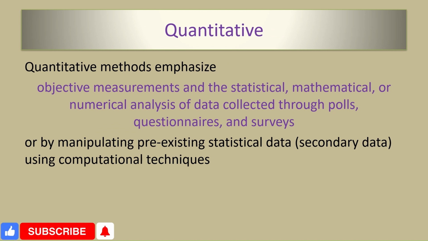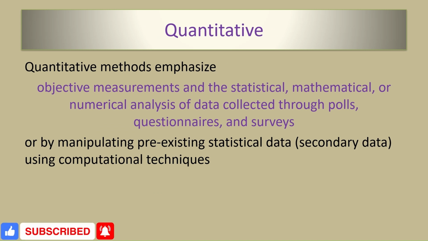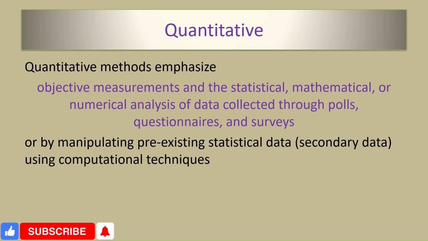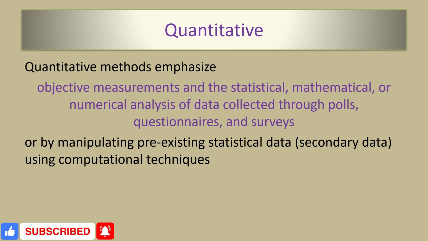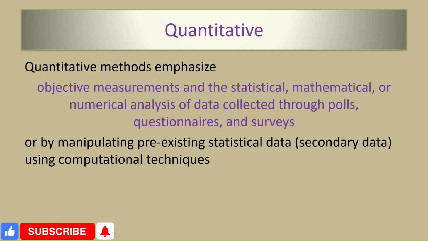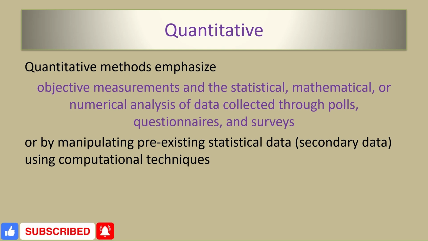Quantitative methods emphasize objective measurements and the statistical, mathematical, or numerical analysis of data collected through polls, questionnaires, and surveys, or by manipulating pre-existing statistical data, secondary data, using computational techniques.